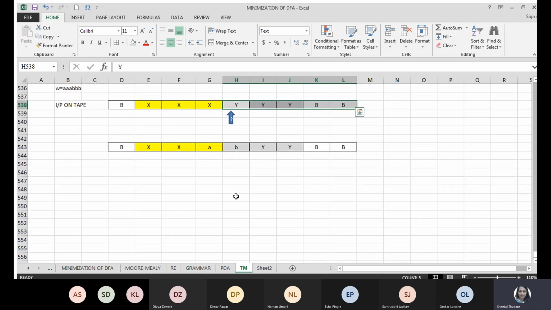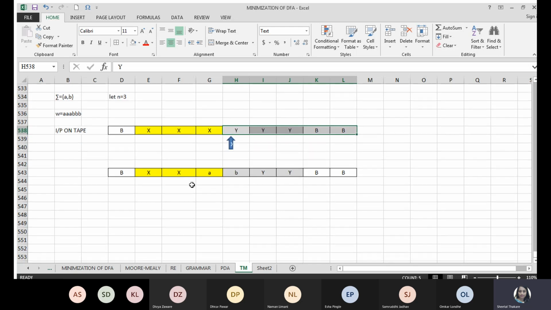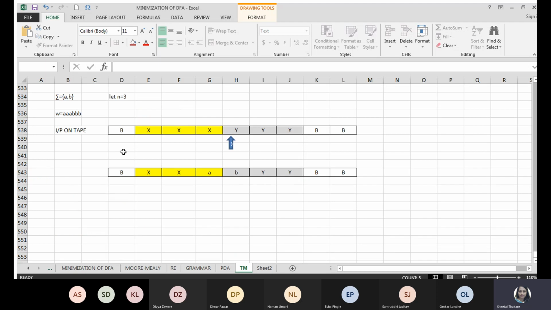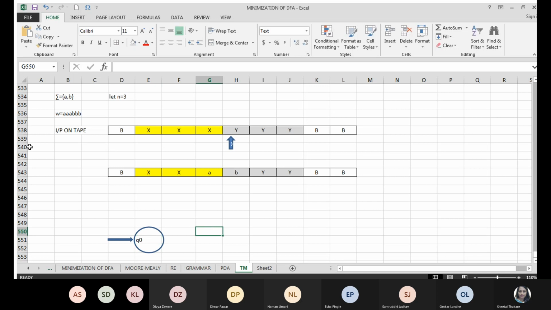So let us draw the machine, always starting with Q0. You should also try, rather take a minute or two and try to draw it.